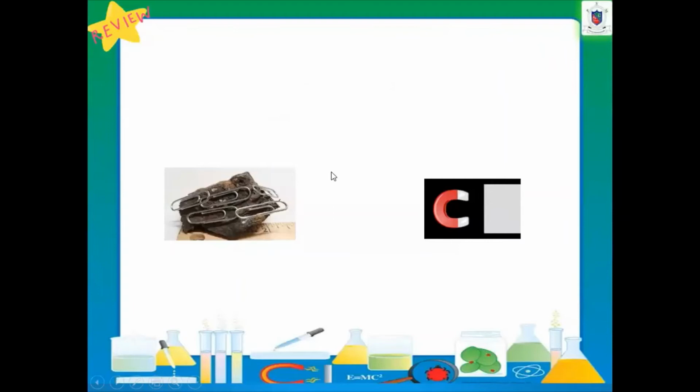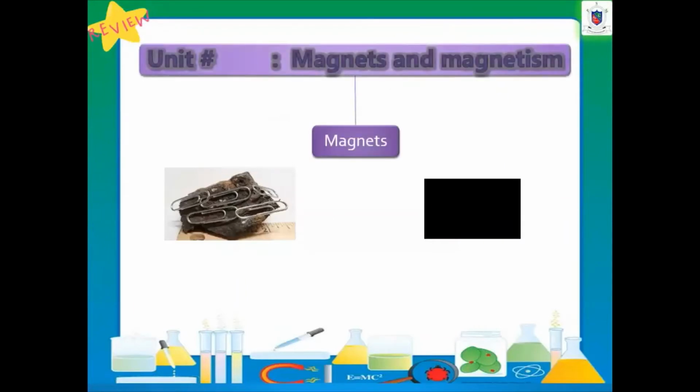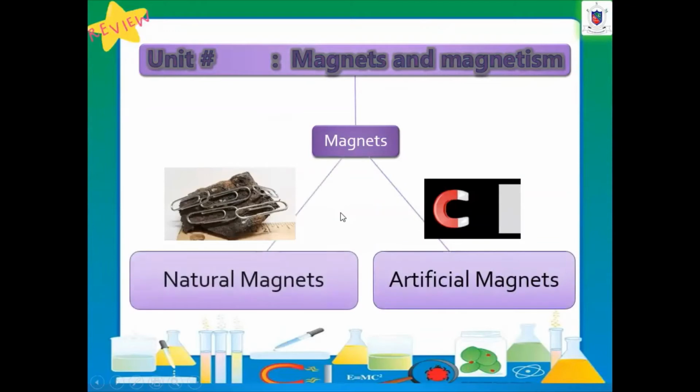Now we are moving on to the kinds of magnets. Students, we discussed 2 kinds in the book, artificial magnets and natural magnets. Artificial magnets are man-made magnets. The rock magnet, which is dark black in color, known as magnetite and lodestone, is naturally found in nature, so that is a natural magnet.